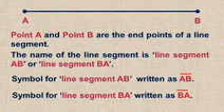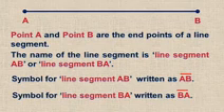The line segment shown here is called segment AB, or you can say line segment BA. The symbol used for a line segment is given in this slide.